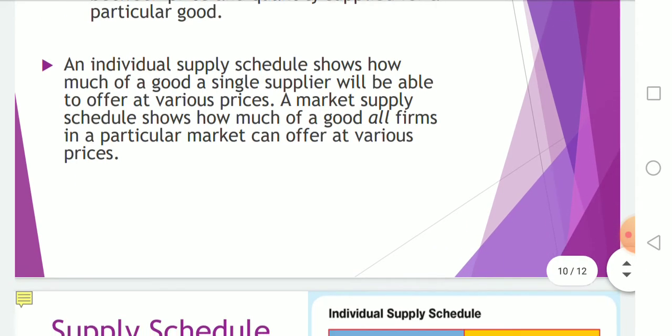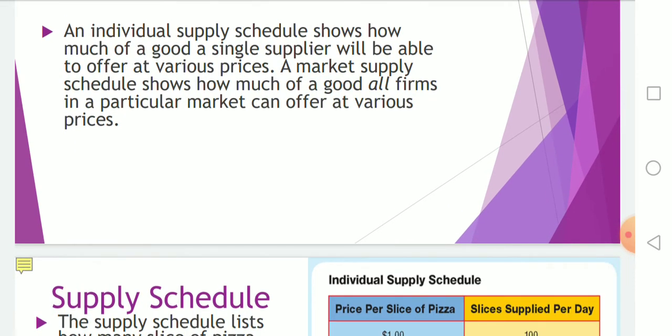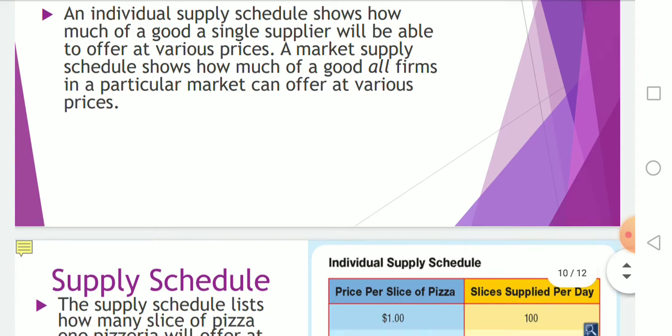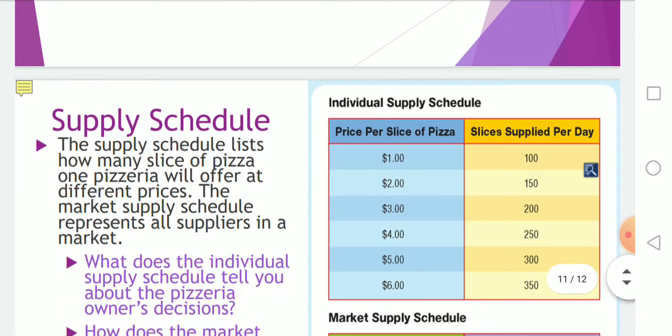Okay, we will see how. An individual supply schedule shows how much of a good a single supplier will be able to offer at various prices. A market supply schedule shows how much of a good all firms in a particular market can offer at various prices. So let's see this one.